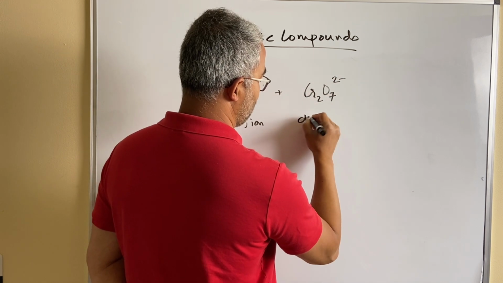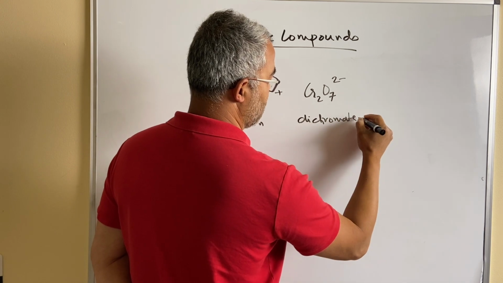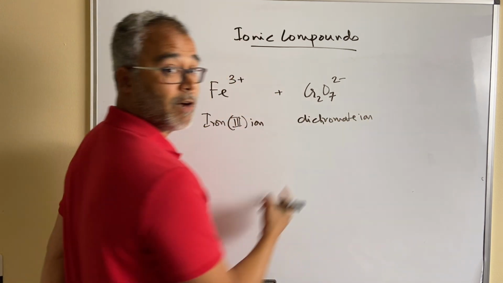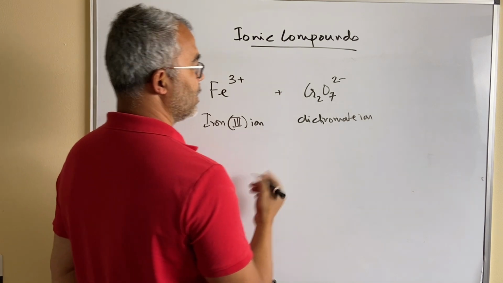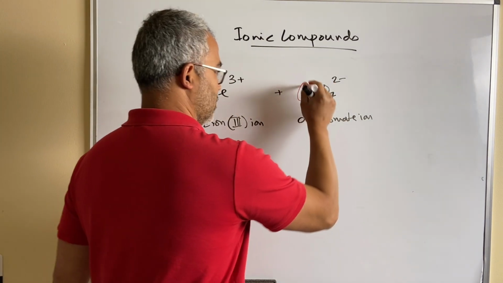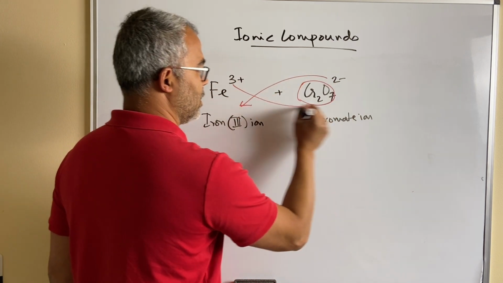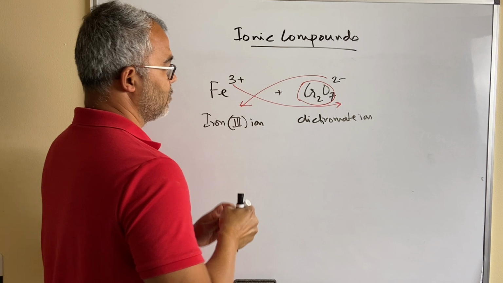So that's a dichromate ion. Again, don't worry about the name because this will be provided to you in some form. Remember out here, this is the group, okay? This is the group. So this comes down here and that goes there to form the compound.